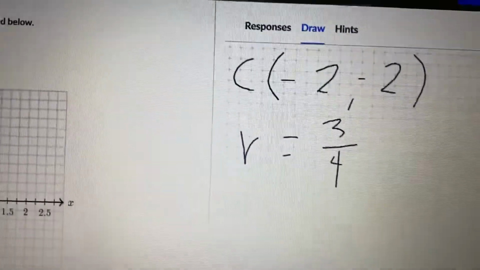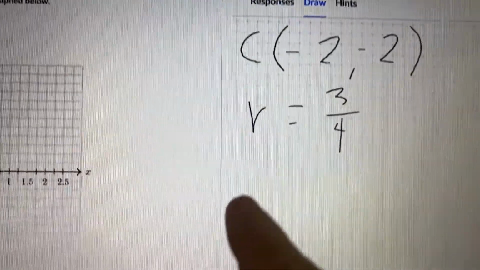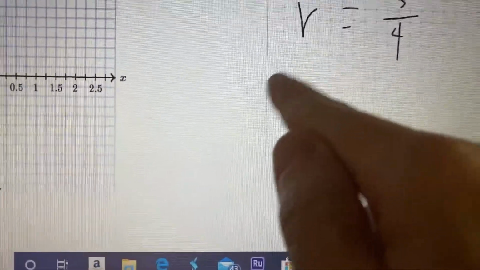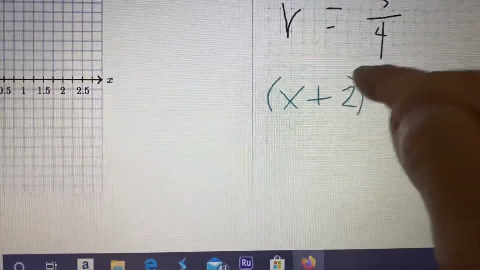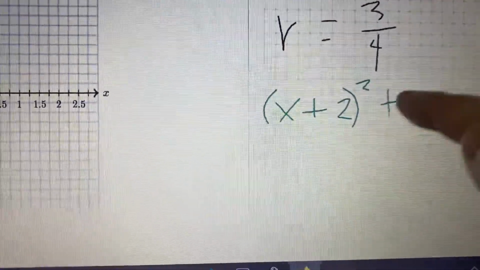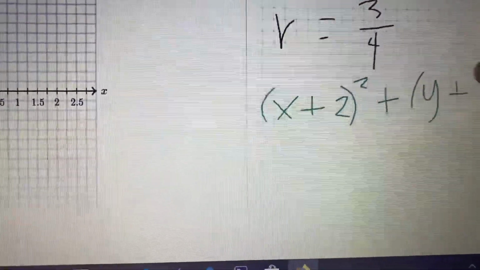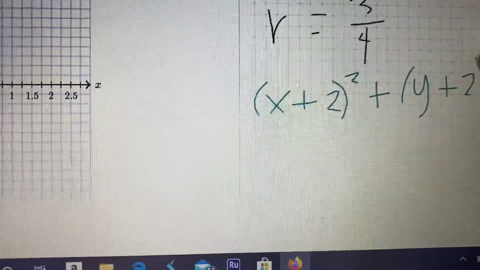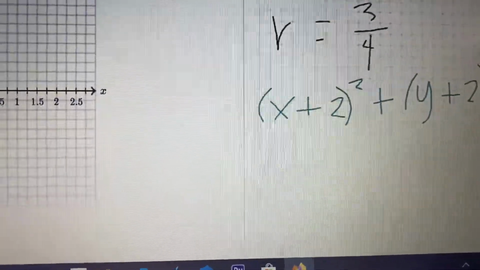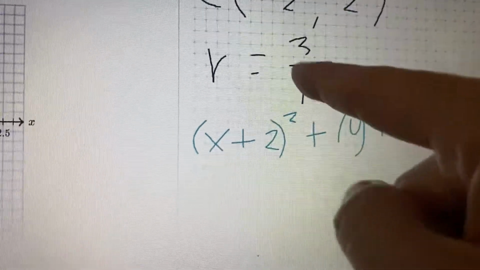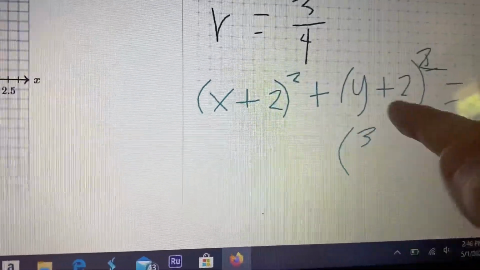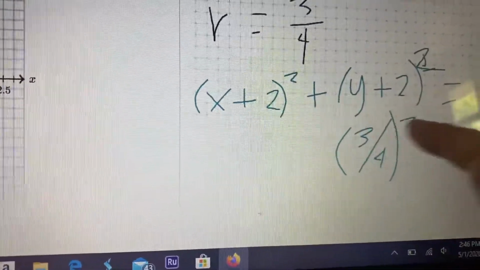Now, once I got this material, it's really easy to write the equation. I basically changed the signs. So it's going to be x plus 2 squared plus y plus 2 squared equals, now if I square 3 over 4, so basically I'm going to have 3 over 4 squared.